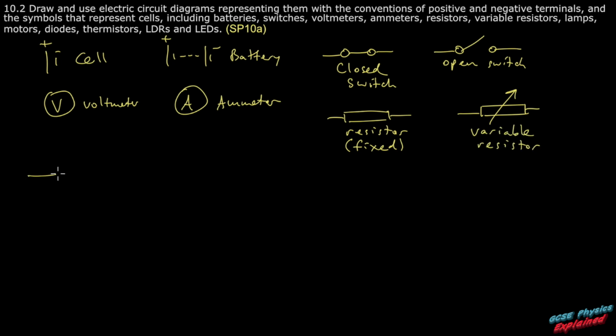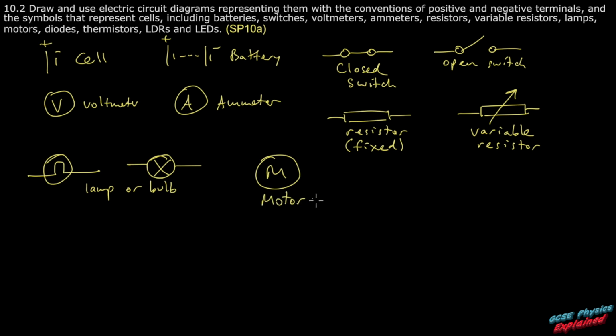A lamp, a couple of different ways of drawing it, either like that or like an X-Men badge. A motor, it's just a circle with an M. Diode, right, D, I, O, there's your diode. It's like the first 3 letters, isn't it? D, I, O. That's easy to remember if you think about it like that.